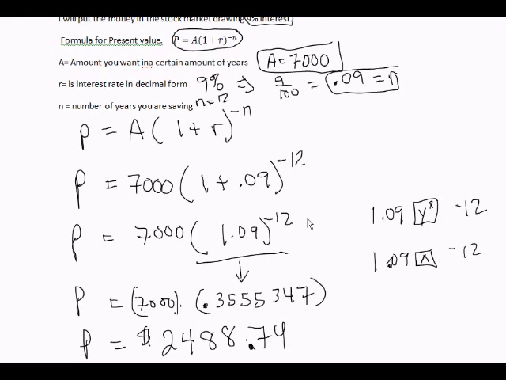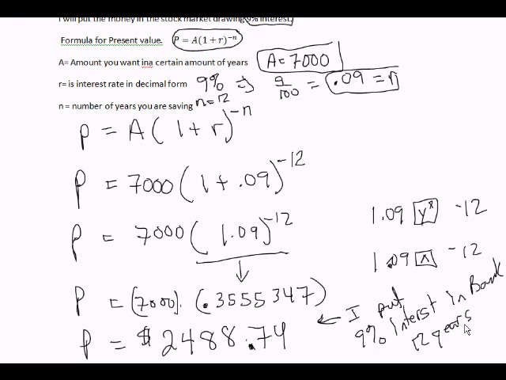So this is what it means. If I put $2,488.74 at 9% interest in the bank for the next 12 years, I will have $7,000 in the bank.